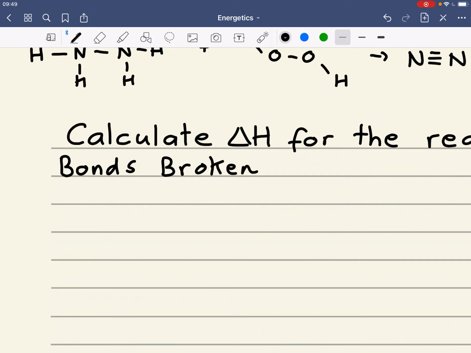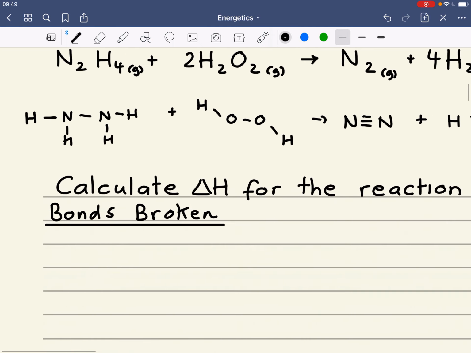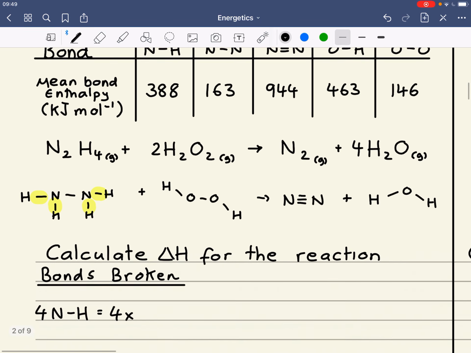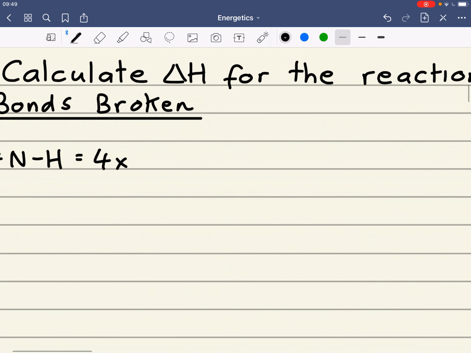So bonds broken. And we can see that we've got 1, 2, 3, 4 N-H bonds. So I've got 4 N-H, and that is equal to 4 times, and let's just check, it's 4 times 388.